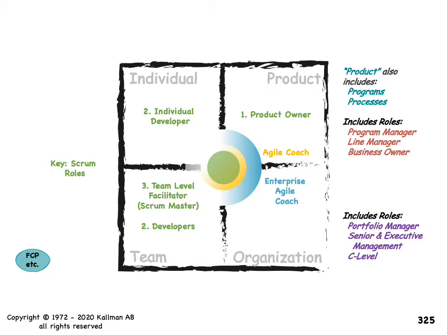The Enterprise Agile coach does everything that an Agile coach and a Scrum Master can do, plus they work primarily with portfolio level and up, working with the senior and executive management and the C-level, helping them understand what it is that they need to do in order to enable and to create the culture that will enable the teams that are trying to use agile and high-speed methodologies and things like that.